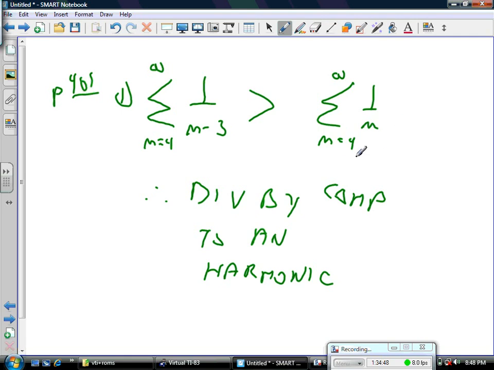But it has to diverge too, because what's the only difference here? I didn't start at 1, so I'm just erasing terms 1, 2, 3, right? But if all those terms added up to infinity and I just erase the first 3 terms, is it still going to blow up? Yeah, it has to. I'm just taking off a finite piece, it still blows up.